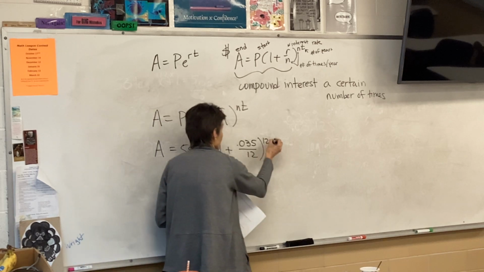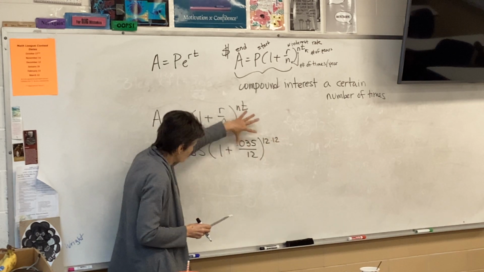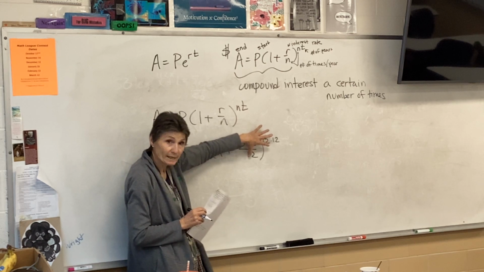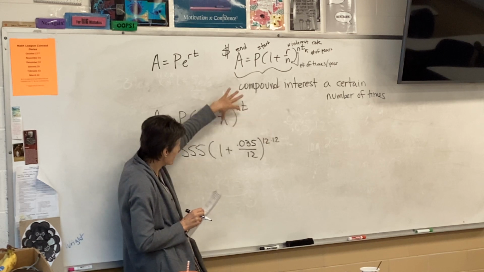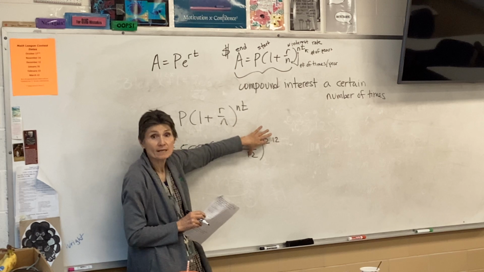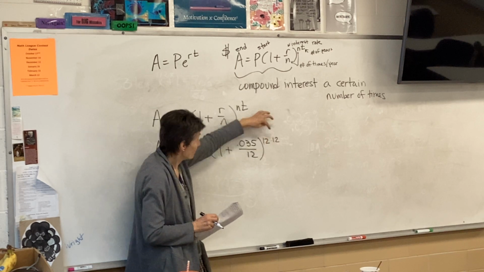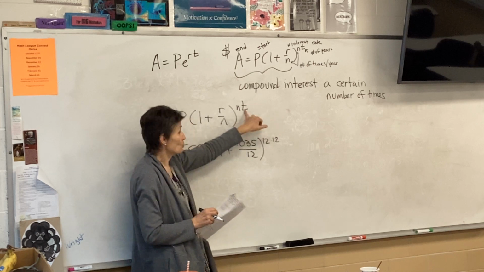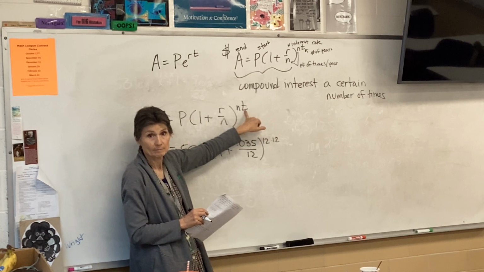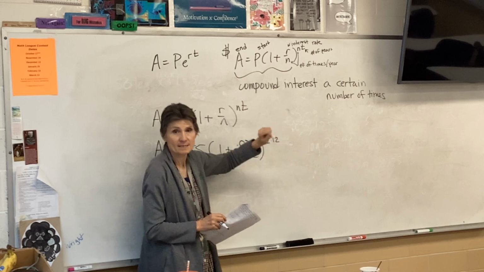for 12 years. Now, this 12 right here, look where I'm pointing. This 12 right here, these are the ends. That 12 is the compounded monthly 12. This 12 is the 12 years. They just happen to be the same number this time.